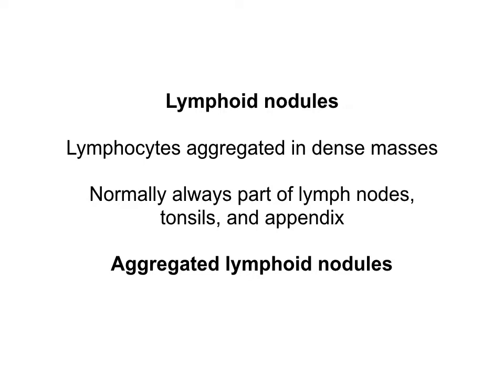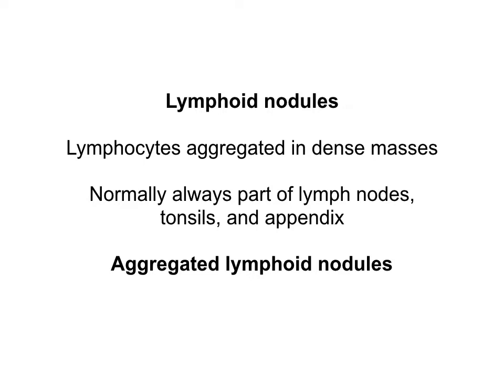Other lymphoid tissues are referred to as lymphoid nodules. Now, in a lymphoid nodule, the cells are going to congregate or aggregate in really dense masses. And the lymphocytes can actually come and go from these nodules as pathogens enter and your immune responses are activated.